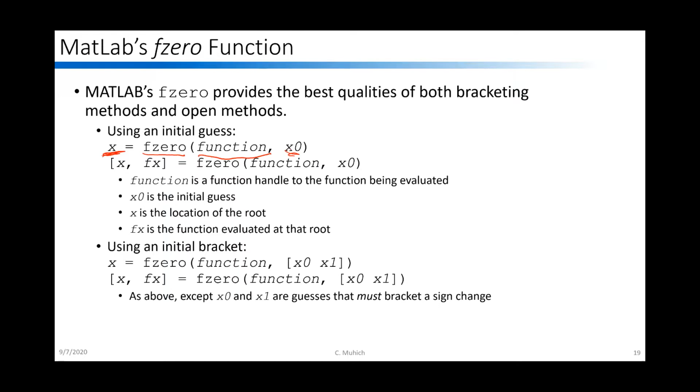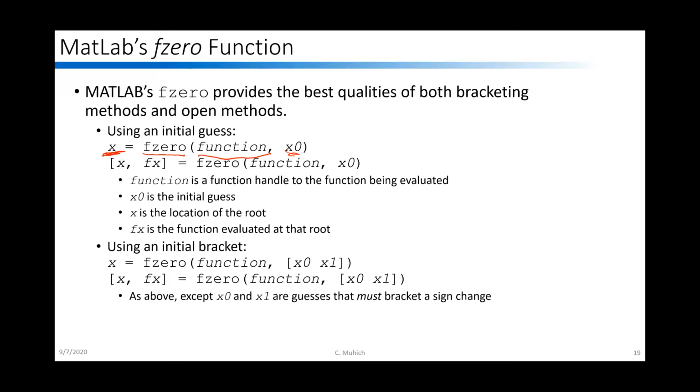We can pass in either a relatively simple function like we've been talking about, f of x equals e to the negative x minus x, or we can have whole programs such as our water gas shift example. Big long programs that take in multiple variables and have if statements wrapped all together can then be passed into that function call.